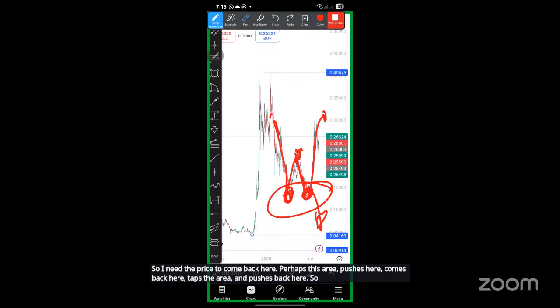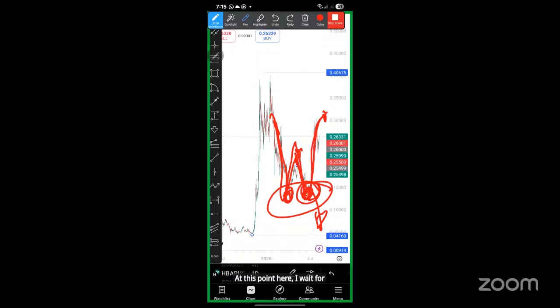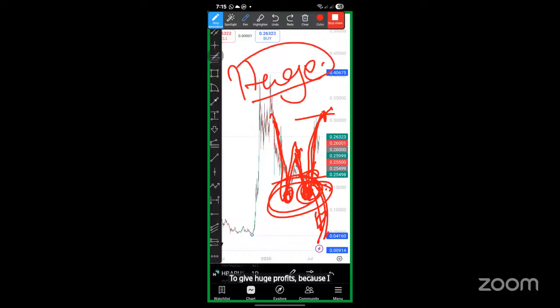Once I see price doing this, I wait to see whether it is going up or going down. Once it goes down, the pattern is not formed. And once it tries to bounce back, I will make a confirmation and enter in a small time frame, and I hold the coin for some good time to get huge profits because I've seen the double bottom.